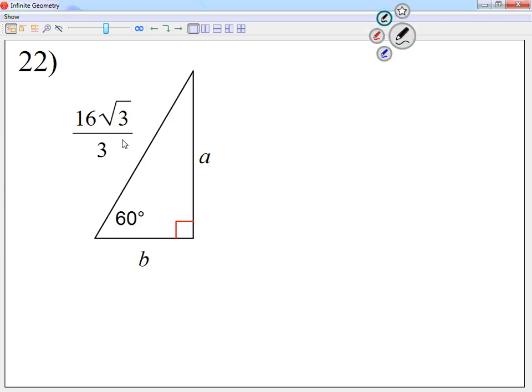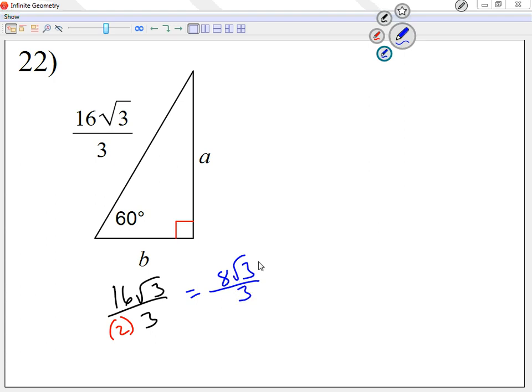This is the hypotenuse. So to get to B, I have 16 radical 3 over 3. Let me divide by 2. So let me put my 2 at the bottom. We can look at that as 16 over 6, which is just 8 radical 3 over 3. Right? 16 over 6 is 8 over 3.